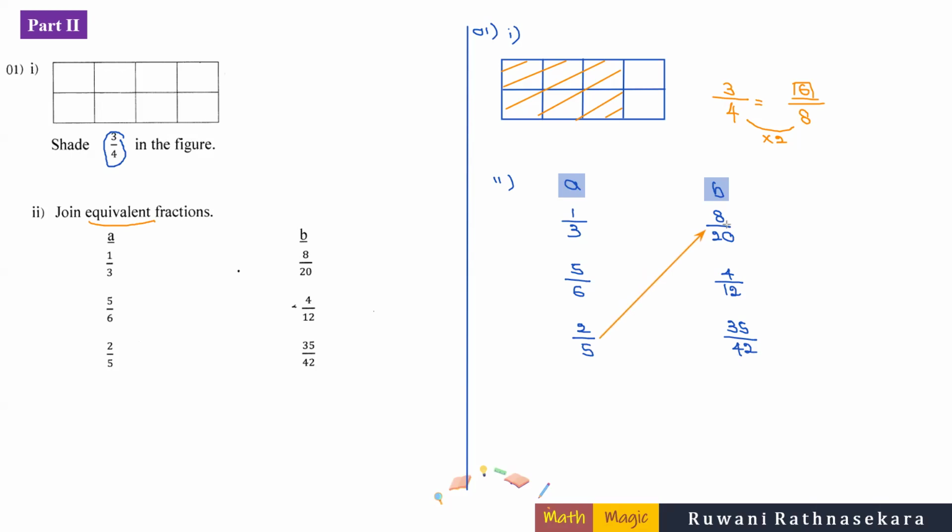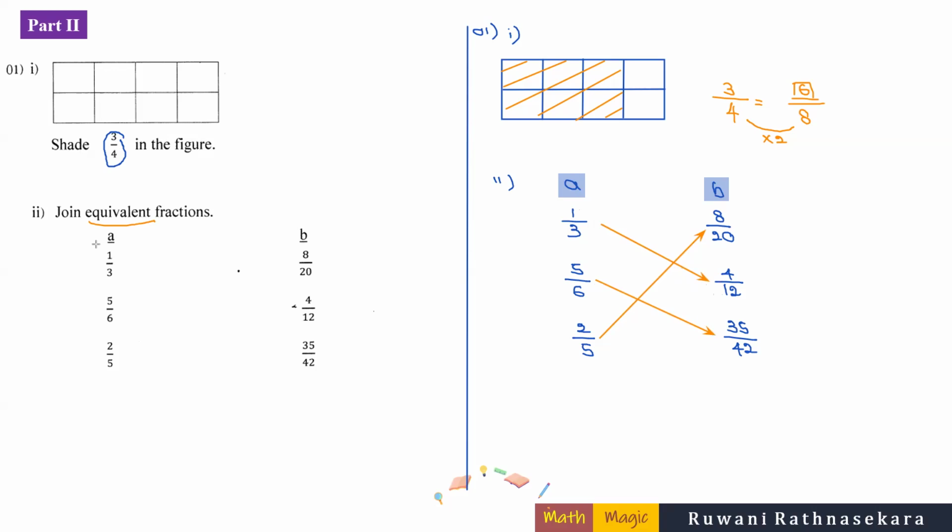Actually, both the numerator and the denominator have been multiplied by 4. Right, next 3 can be converted into 12 and 42 both. Right, but firstly we'll try 12. 3 times 4 is 12 and 1 times 4 is 4. Therefore, 1/3, the match is 4/12, and accordingly, you have to match 5/6 to 35/42.